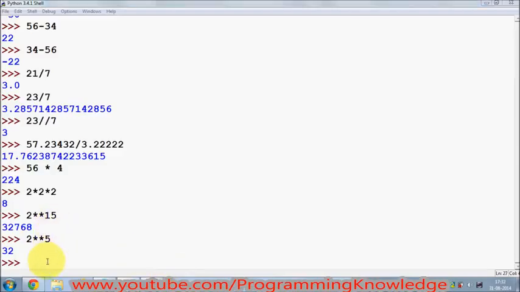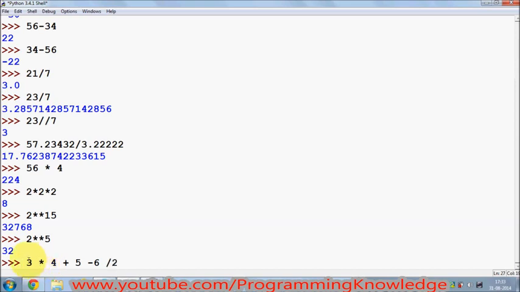Now you may be wondering what the order of your operations is. Which operation will take place first when you have multiple operations at the same time? For example, I want to do 3 multiplied by 4 plus 5 minus 6 and then divided by 2.